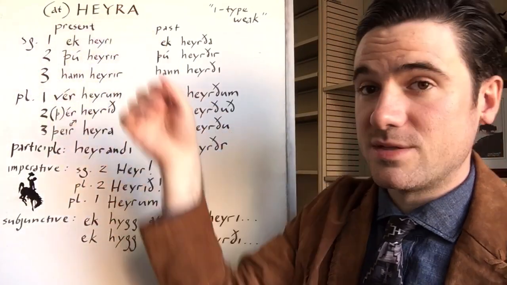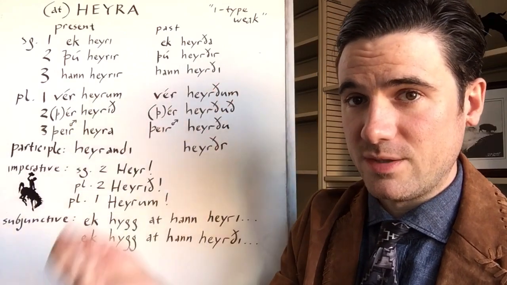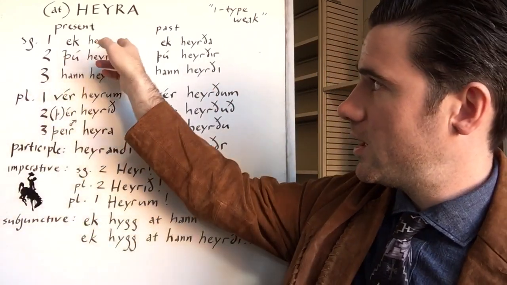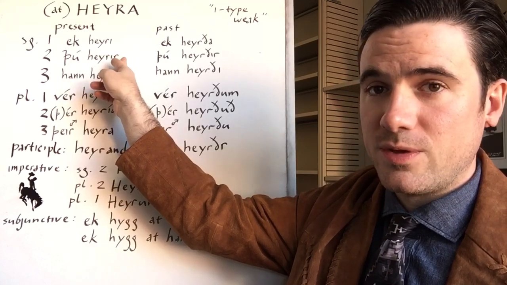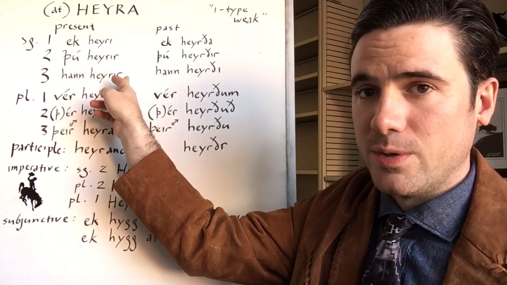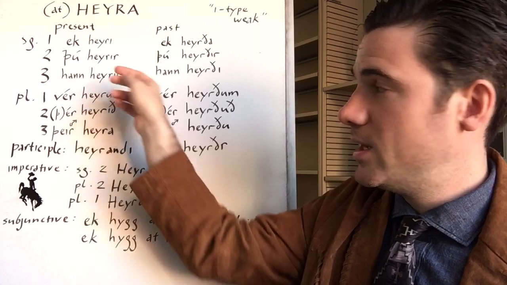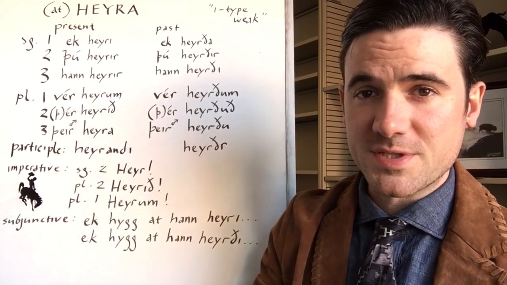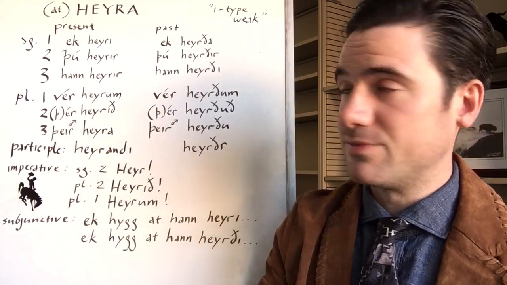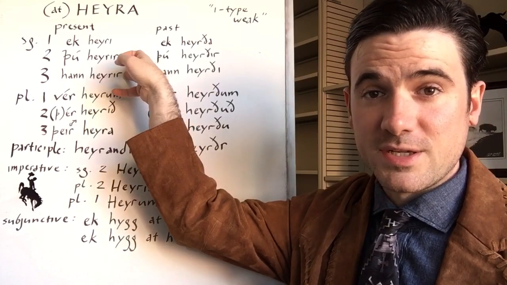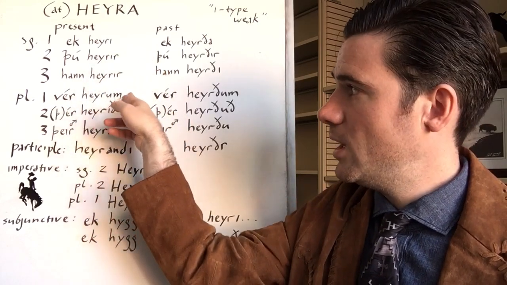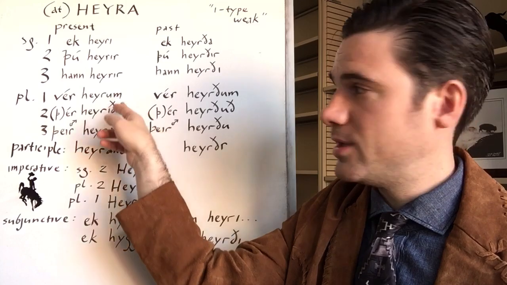So let's look at how this works. Infinitive is høyra, the verb for to hear, like I hear a sound. Ek høyrir, I hear, þú høyrir, you hear, han høyrir, he hears. Typically, in most verbs, except for vera, to be, present verbs, the second and third person singular is the same, and it ends in an R. Ver høyrum, we hear.